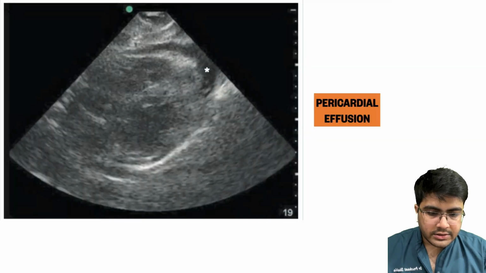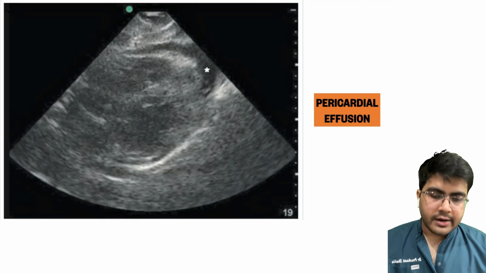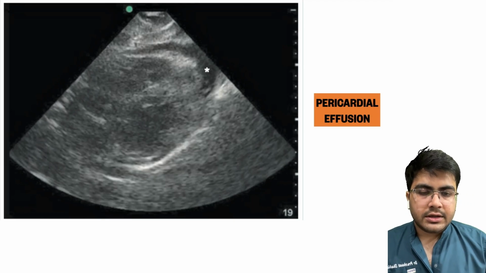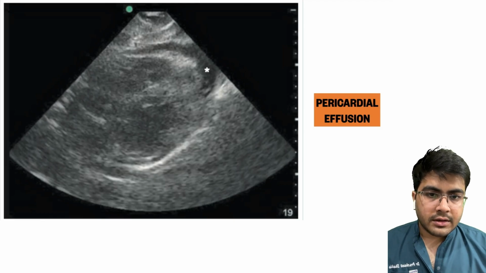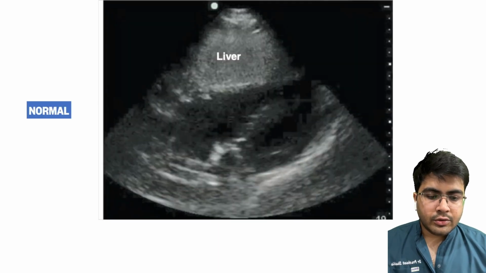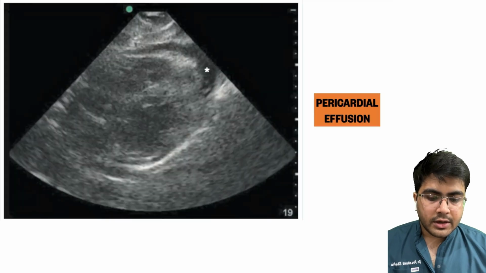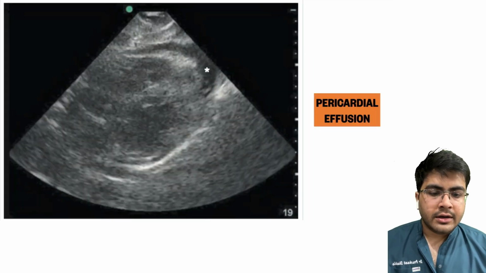But here you can see there is a lot of brightness between the two layers of the pericardium, and in such a patient with pericardial effusion, the delineation of the ventricles also decreases. Here in this image you are able to delineate the two ventricles very prominently, but here you can't see them. So this is classical of pericardial effusion.